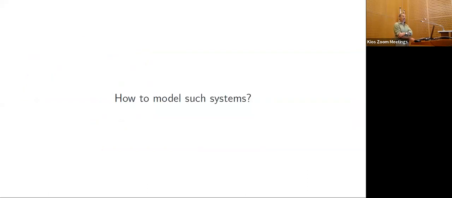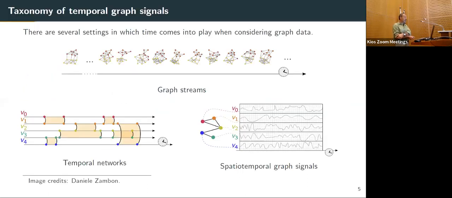So how can we model such systems? There are 3 different models for the system generating data and information. Depending on what you select, you have a better use of the technology.